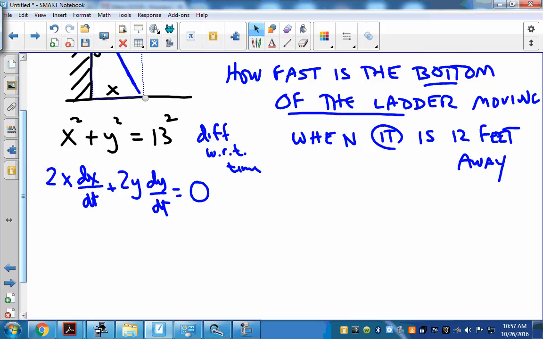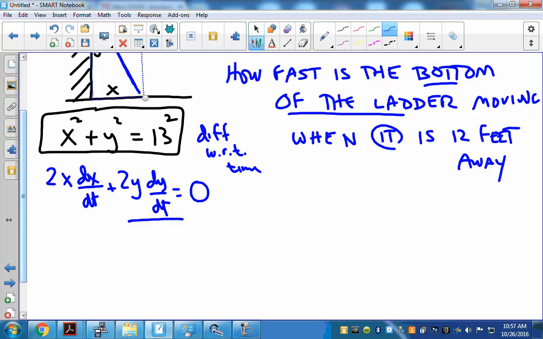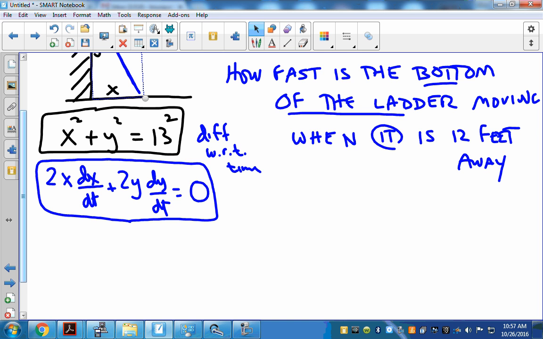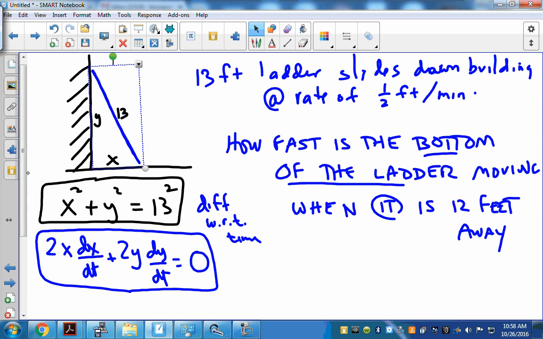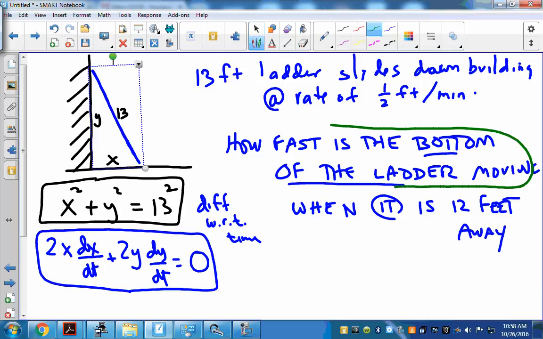Okay, so this is our geometry equation we have to get from the setup. This is our rate equation that we get from differentiating with respect to time. We have to be given enough information to plug all these in. And let's see, what are we looking for? We're looking for how fast is the bottom of the ladder moving. Okay, so this is a rate, right? So we're looking for how x is changing.